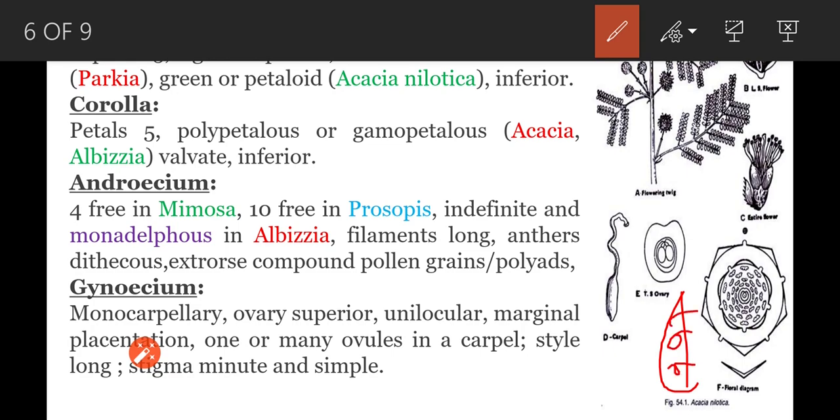From the placenta, ovules arise. Such placentation is called marginal placentation. Ovules many. A number of ovules are present in the carpel. Next, style is long. This is style. This style is long. Stigma is minute. That means small and simple.